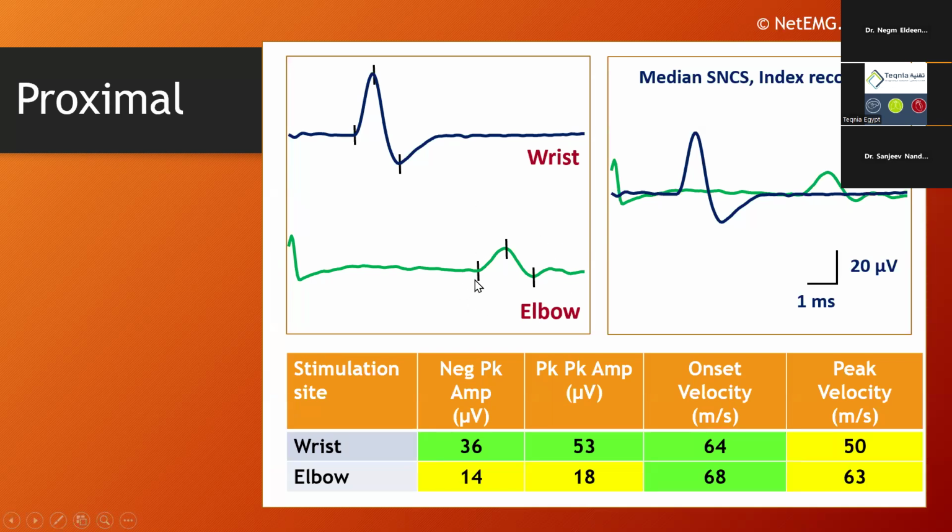This low amplitude is not an indication of pathology. This is inherent in sensory nerve conduction studies, and therefore, we typically do sensory nerve conduction studies distally. We can also calculate the conduction velocity from a single stimulation.